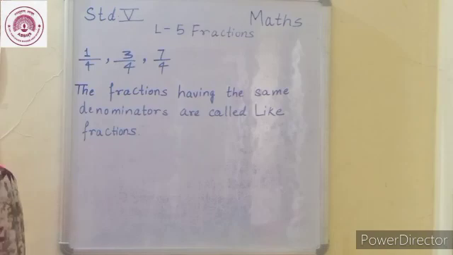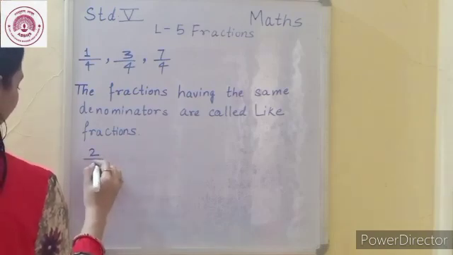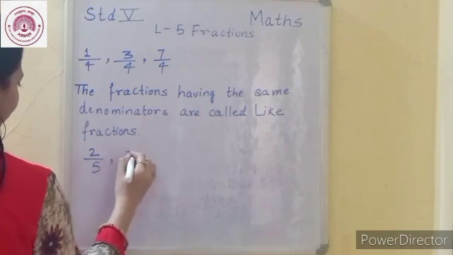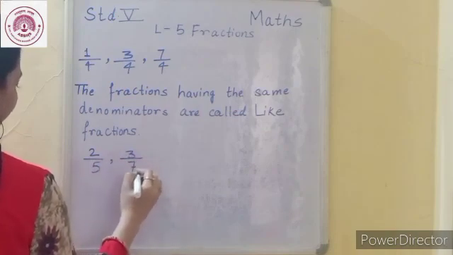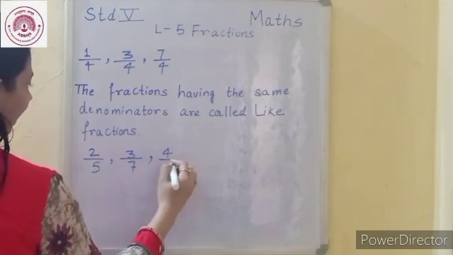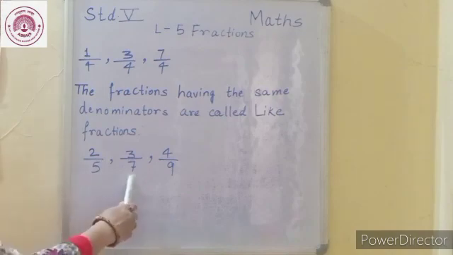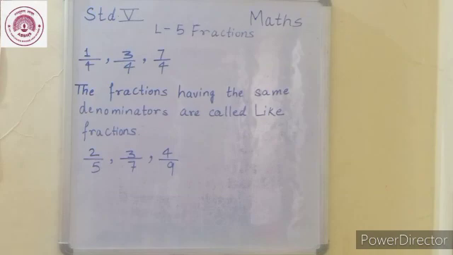Now see another example. 2 by 5, 3 by 7 and 4 by 9. In these fractions, the denominators are different. Such fractions are called unlike fractions.